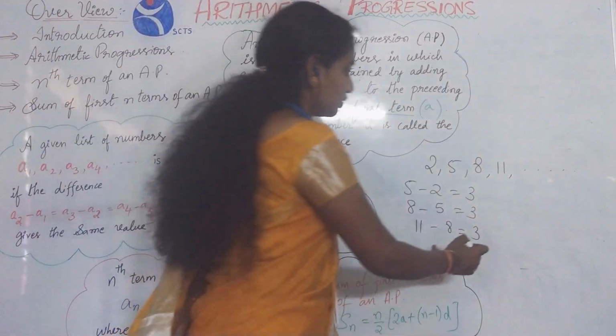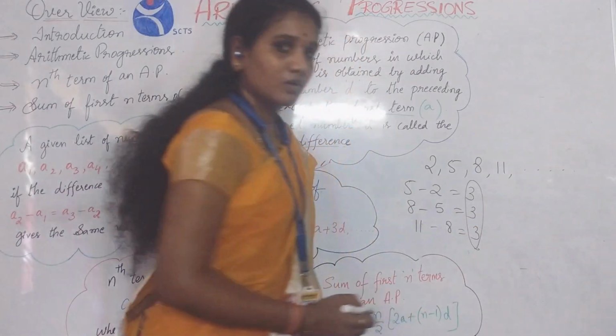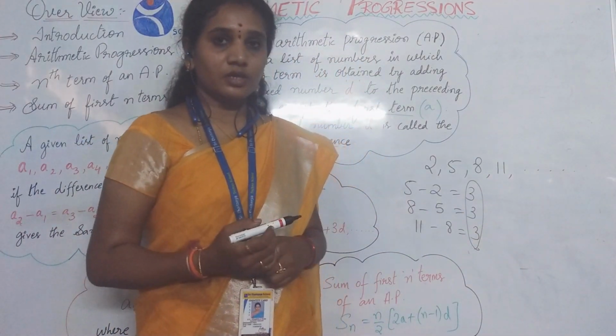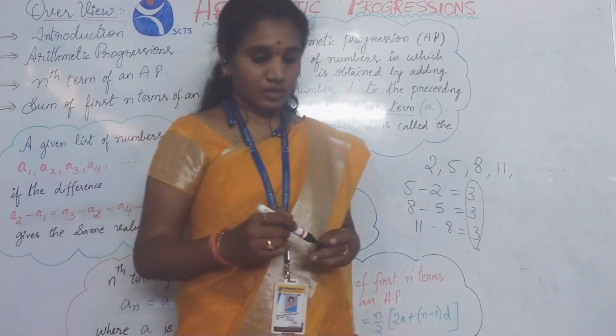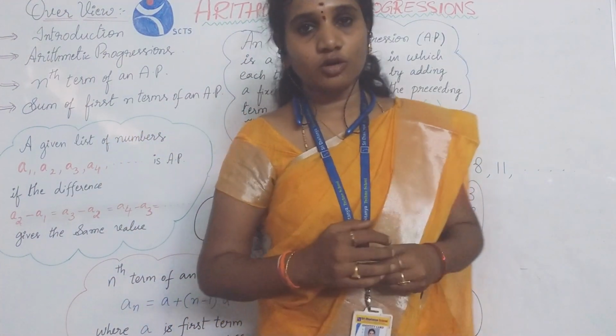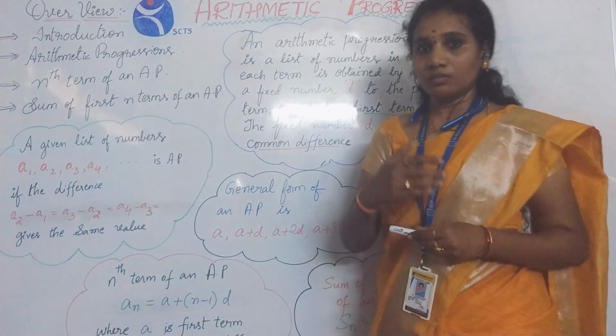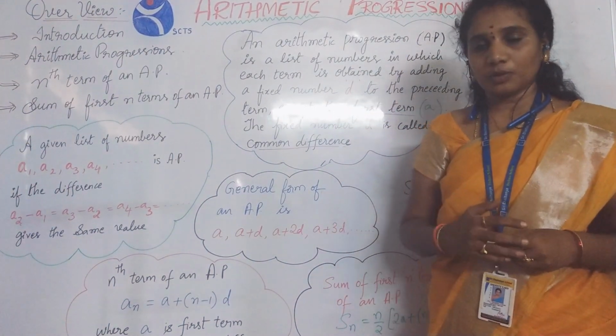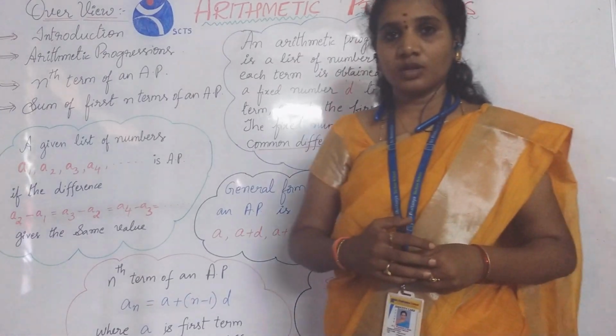So, this continues. Here 3 is the common difference. Generally we denote the common difference with D, and that is about arithmetic progression, and we'll go more in depth after we know what is a geometric progression and a harmonic progression also.